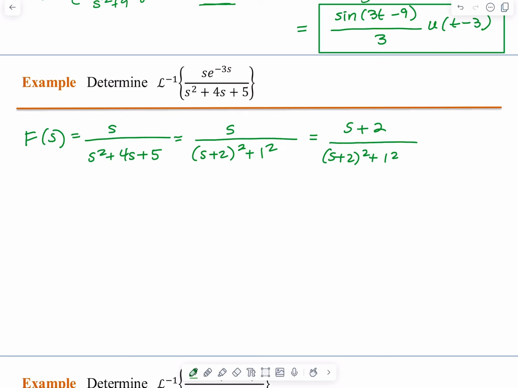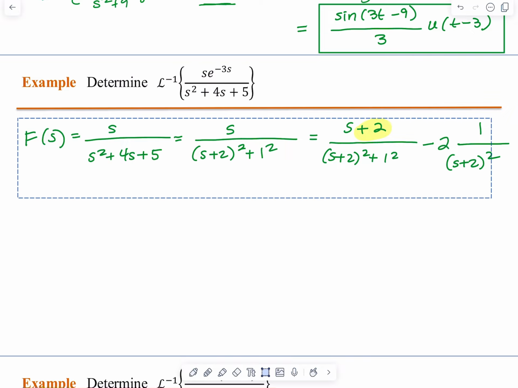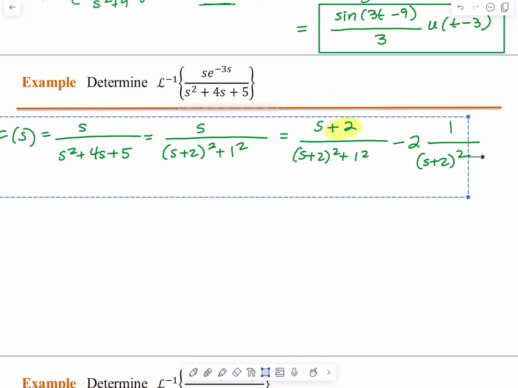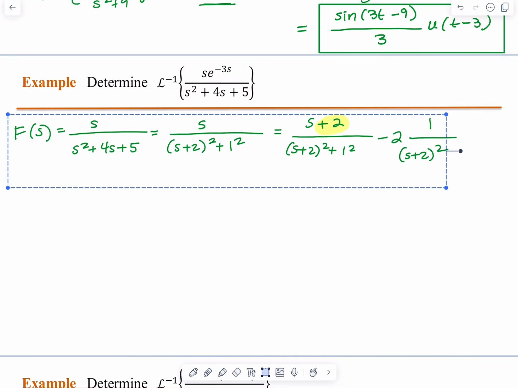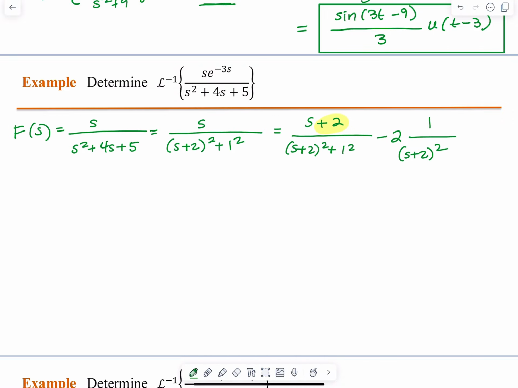But I'm going to add 2, and now I'm going to subtract 2, and I'm going to put that 2 on the outside here so we have our form for the table. And so that would be plus 1 squared. So we have that same denominator, okay? So it's negative 2 times that.